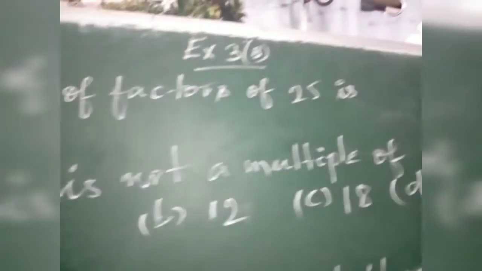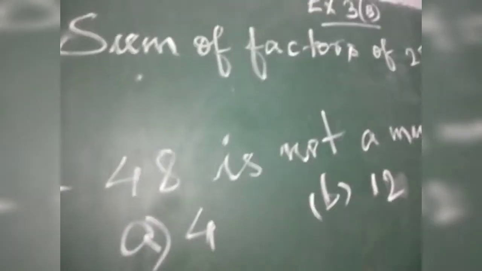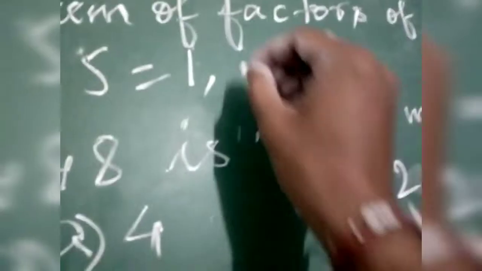Question number 9: the sum of factors of 25. The factors of 25 are 1, 5 and 25 itself.